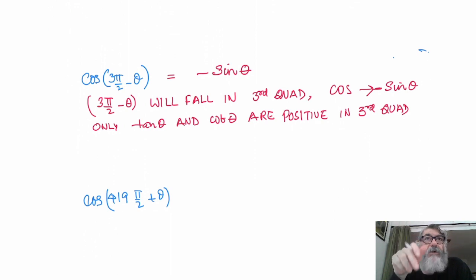That means it is coming along the fourth line, OY dash.